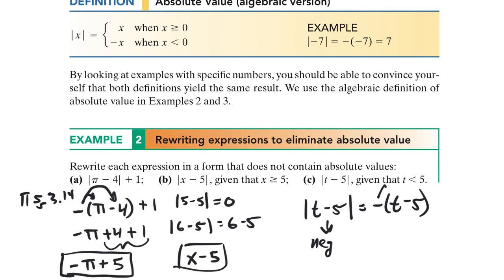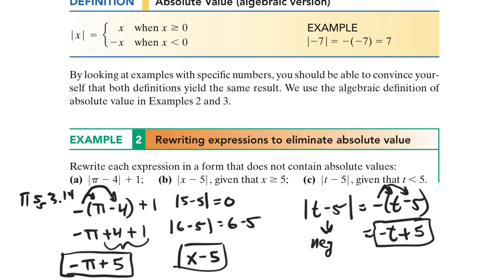And again, if we distribute that negative to each of these, we get the opposite of t, or negative t, and then negative times negative is positive 5, and that ends up being what this is. Again, remember, we're just asked to rewrite the expression, and that's what we did. We rewrote each expression there.